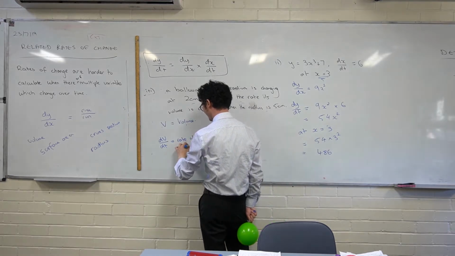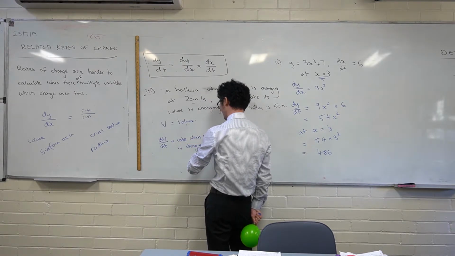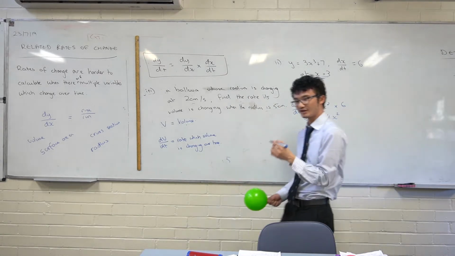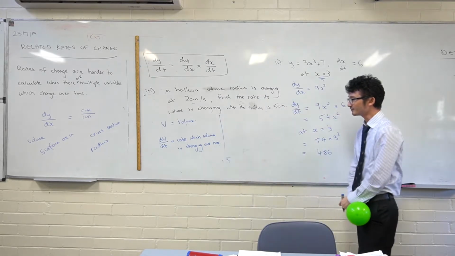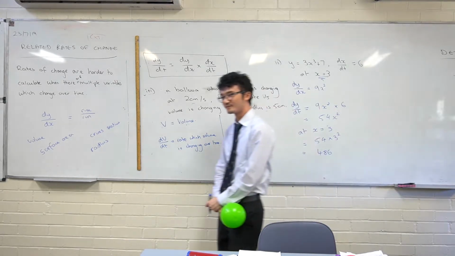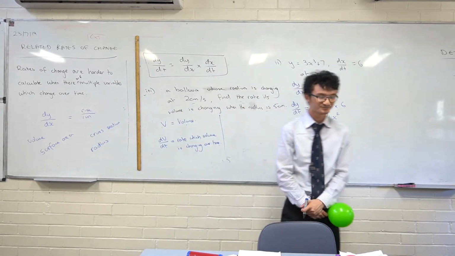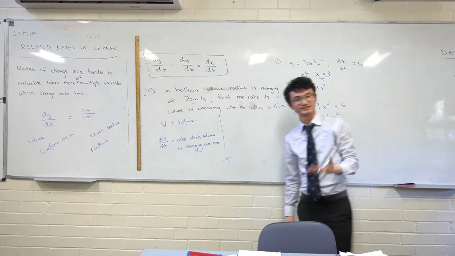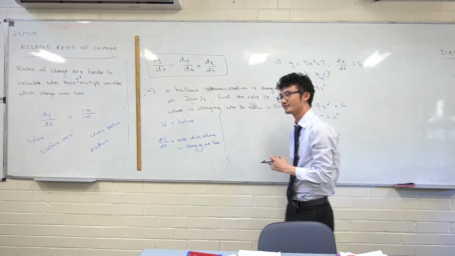Does that make sense? dV dt represents how the volume is changing over time. If that's the case, what other pieces are we going to need? Yes, maths. We will have to use maths. We'll have to use calculus. We're not finding dy dt anymore, we're finding dV dt, right? So we're going to need some different pieces. What other pieces are we going to need?